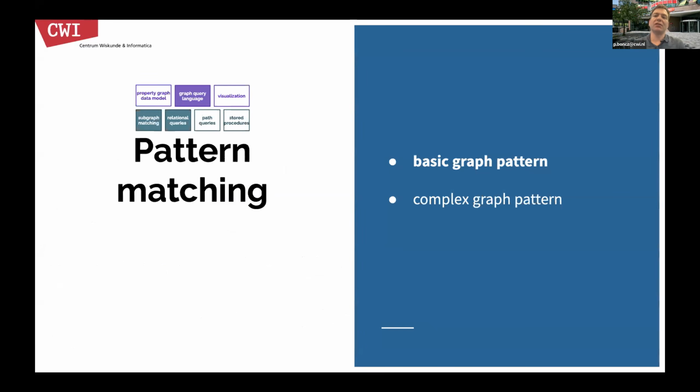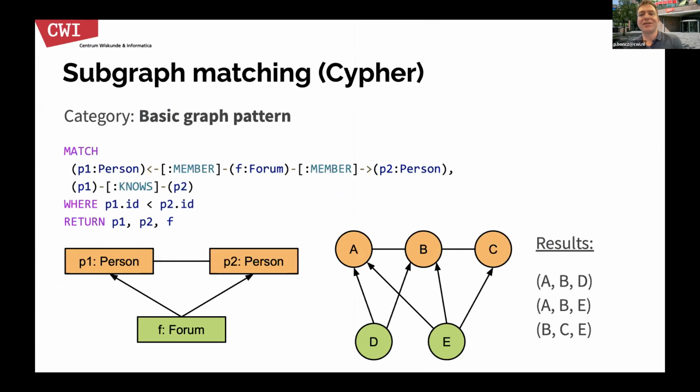So let's look at what property graph queries look like. First, basic graph patterns. So here we see the syntax that has been introduced by the Cypher language of Neo4j, with kind of ASCII art, where you have arrows and connecting variables that are bound to either vertices or edges, forming patterns.